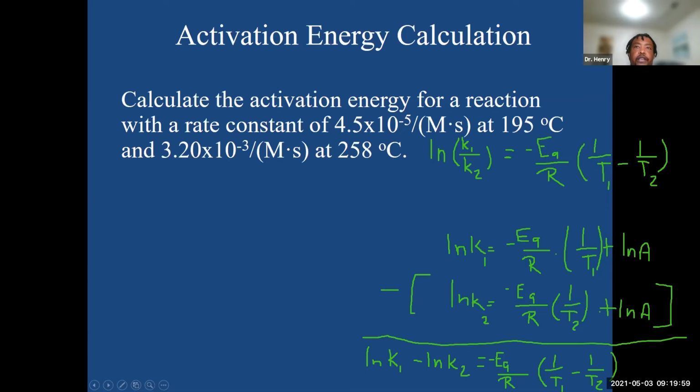Okay, so now I can just plug and chug, right? Because I have my K's. This is my K1, this is my T1. This is my K2, this is my T2. The only thing is that I have to change my temperature into Kelvin, so I need to add 273 to each one of these. 195 plus 273 equals 468 Kelvin.